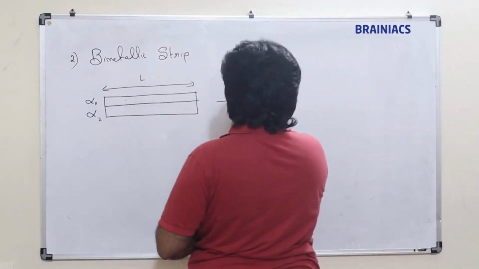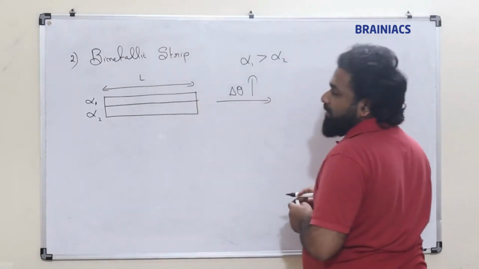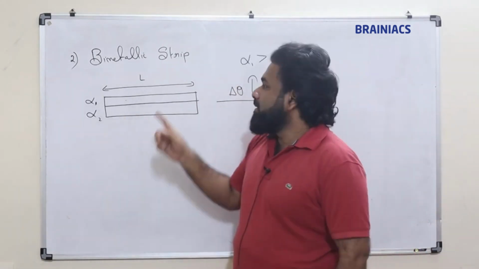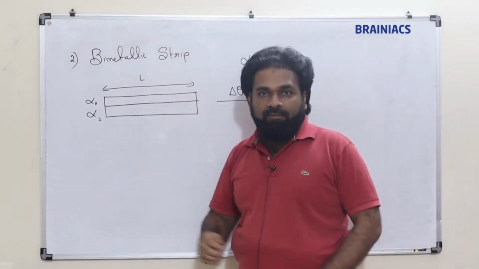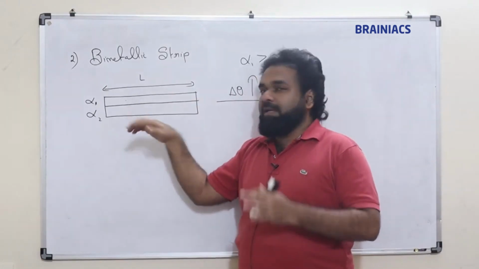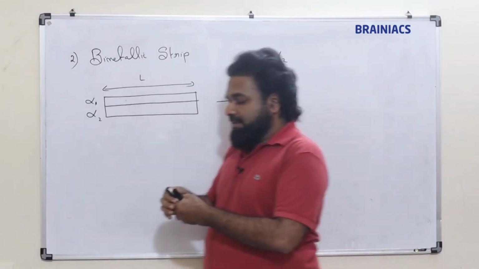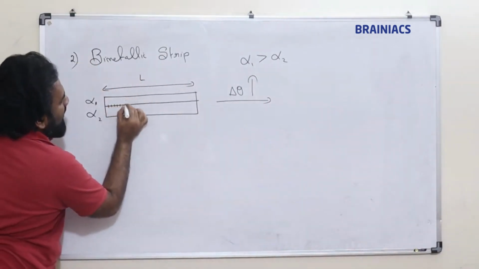Now if we increase the temperature, what will happen? This will start expanding. Since alpha 1 is greater than alpha 2, this will expand more. Generally this is completely connected, everywhere.